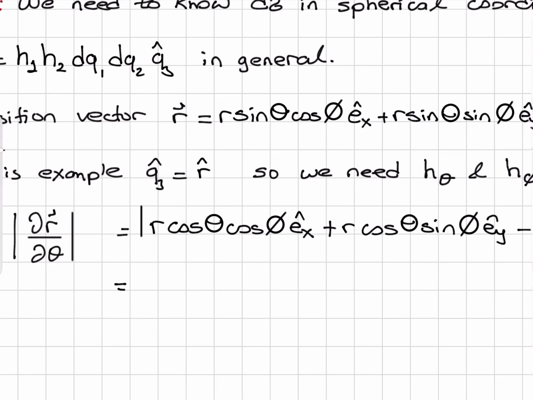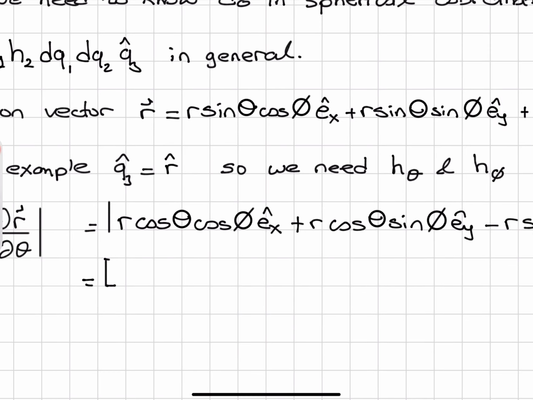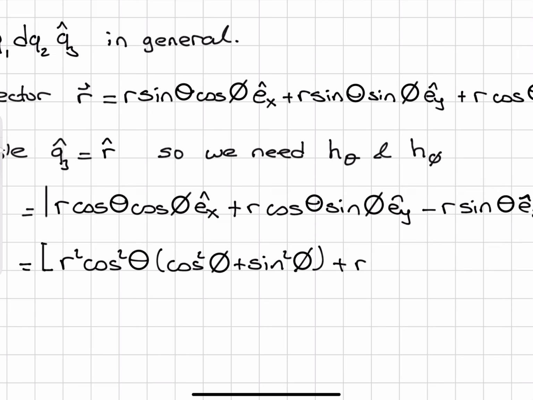Now this is going to be equal to the square root of, with cosine theta as the common term, r square cosine square theta times cosine square phi plus sine square phi, and then the last term is r square sine square theta, and we take the square root of this whole thing.